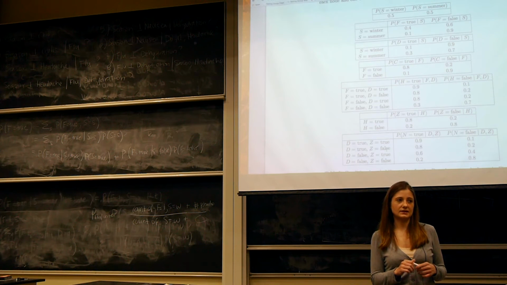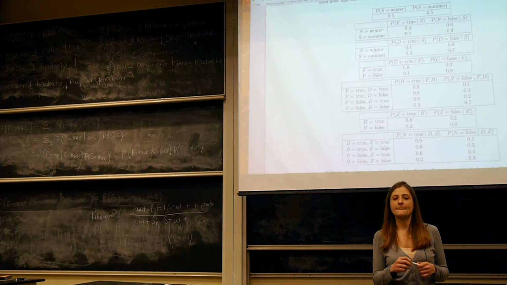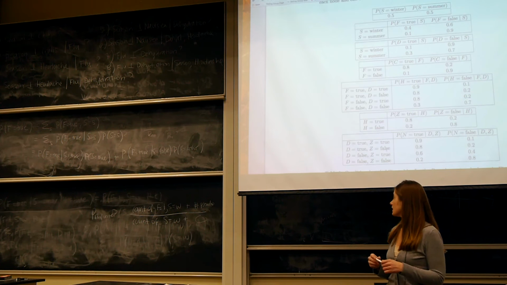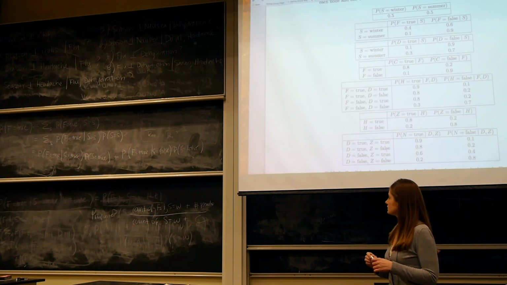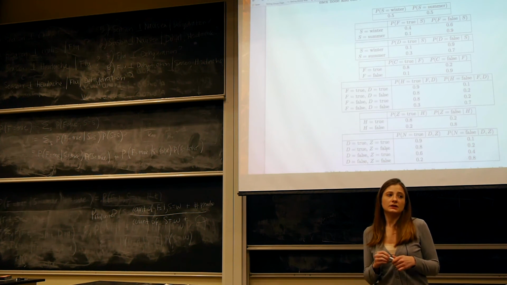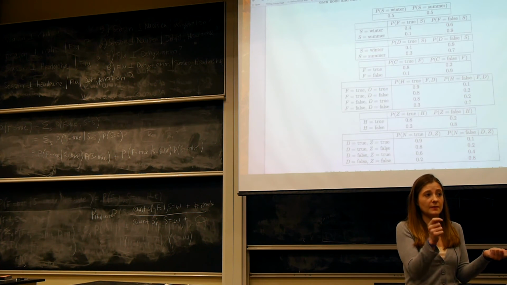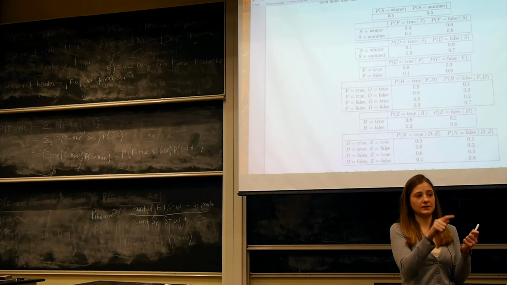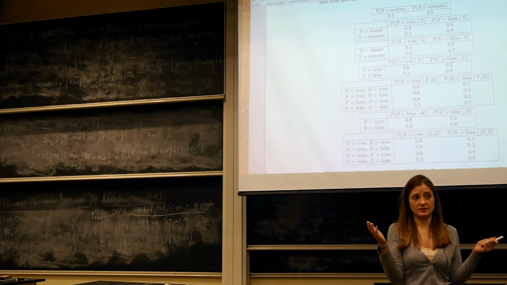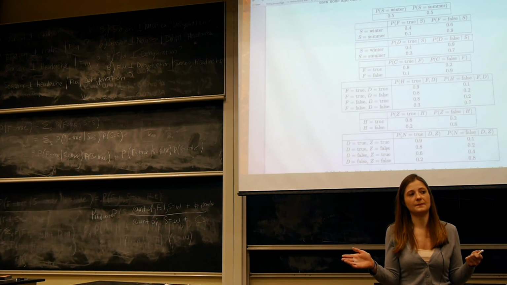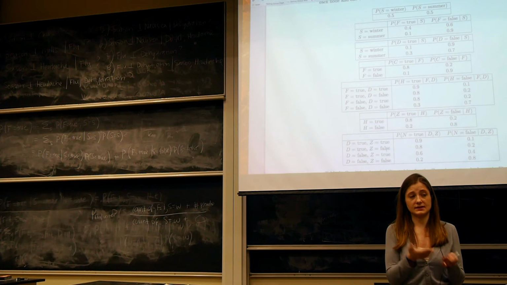Does that not make sense? What's a better way of saying that? The traditional definition of independence is that the joint probability of x comma y factorizes into probability of x times probability of y, right? So really, to test for independence, that's what you would test.